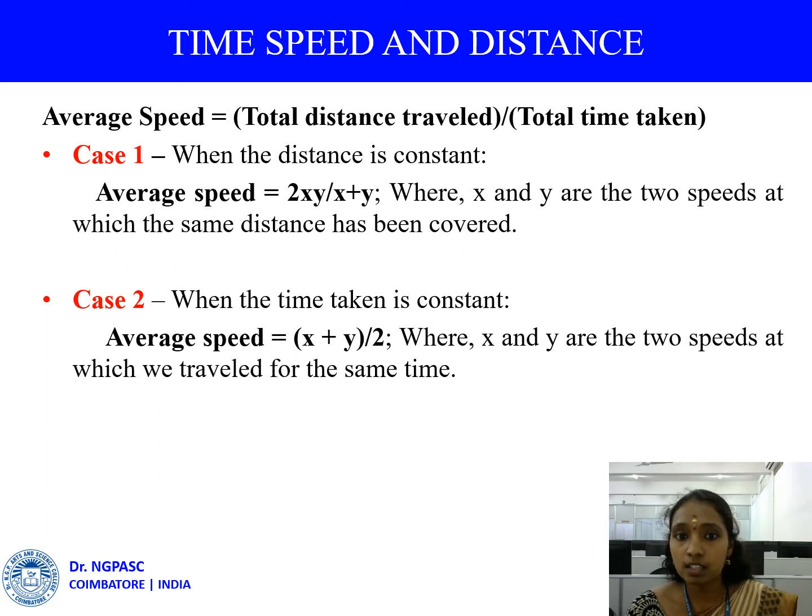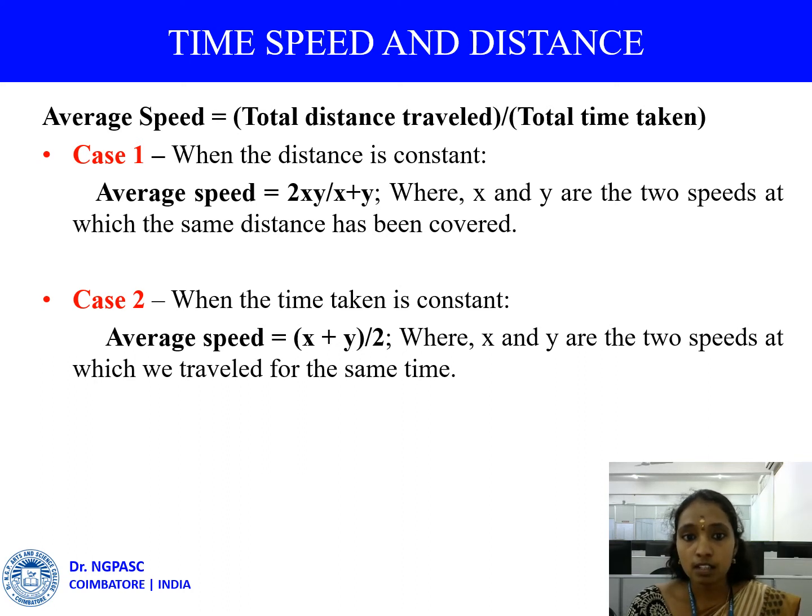The distance is the same, but here the speeds are different. So we need to calculate the average speed as 2xy divided by x plus y, where x and y are the two different speed values and the distance is the same value.